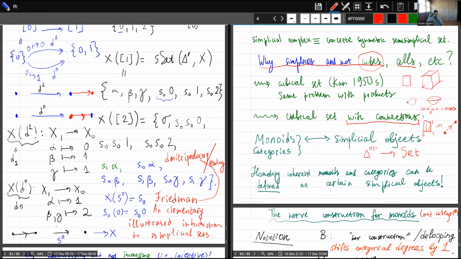And by the way, some of the most efficient definitions of homotopy coherent monoids, also known as infinity monoids and infinity categories, in fact, a lot of those definitions start by saying I have a simplicial object and let's impose certain properties on it.